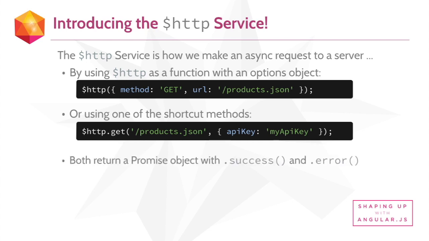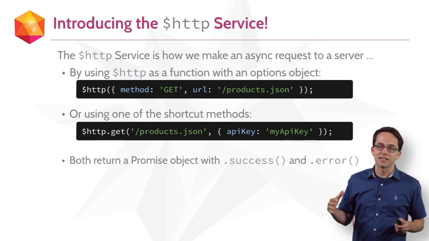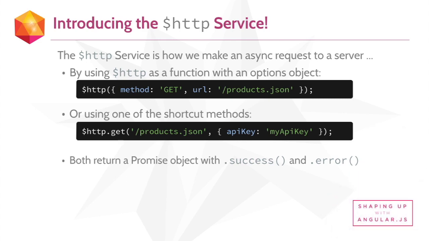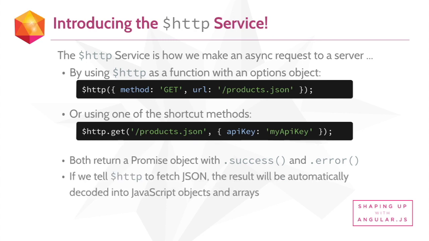Both of these methods return a promise. And if you're not familiar with promises, check out our jQuery courses on Code School. A promise object allows you to do callbacks on it, like success or error, which you'll see in a minute. One nice feature of the service is that if we tell $http to fetch JSON, the result will automatically be decoded into JavaScript objects and arrays. Pretty nice.